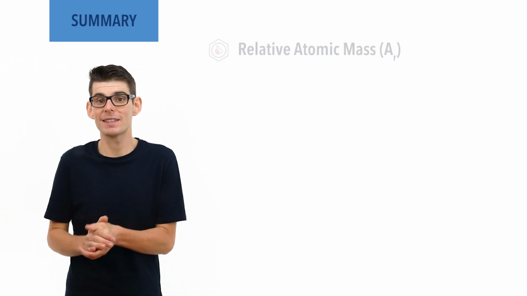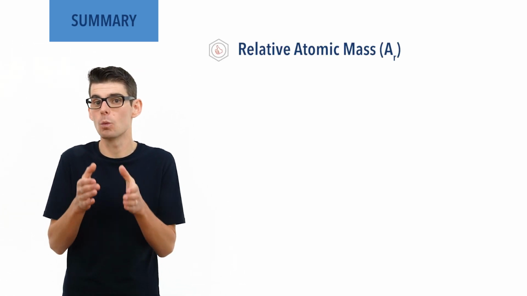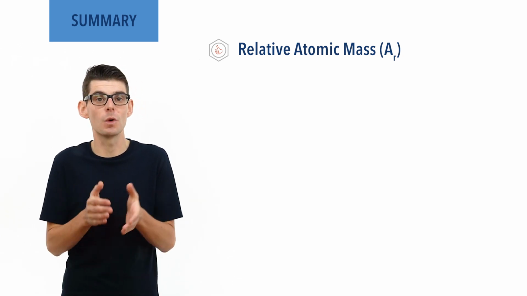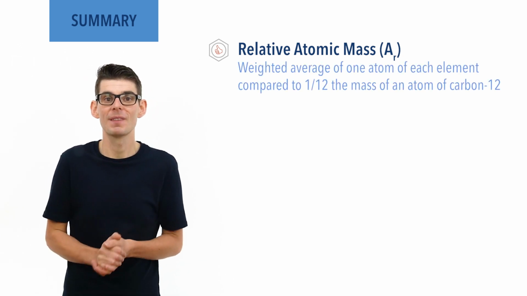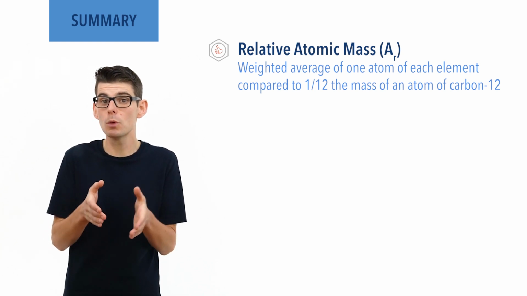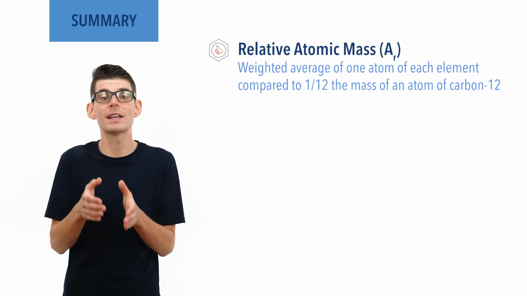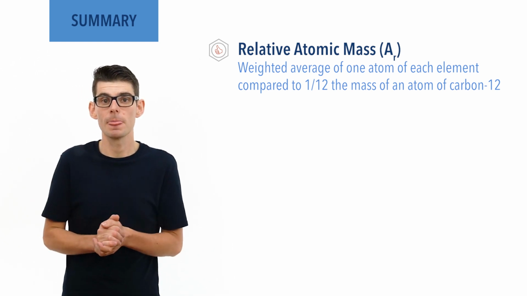So, to summarize, relative atomic mass is the weighted average mass of one atom of each element compared to 1/12 the mass of one atom of carbon-12. Atoms of elements are too small to compare to grams for sensible use, meaning their masses are instead compared to each other.